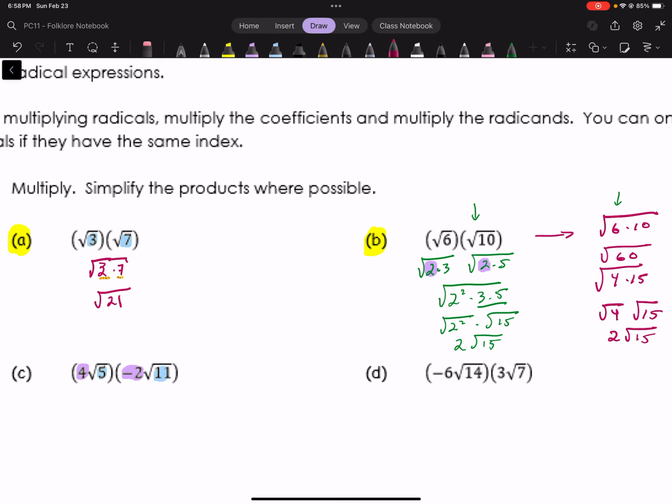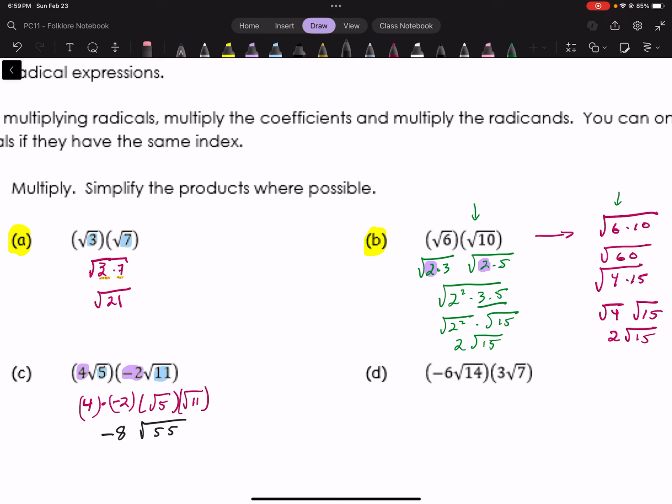So I'm just going to take the long way of doing this, and I'm just going to say, well, that's 4 times -2 times the root of 5 times the root of 11. And this just ends up being -8. In other words, multiplying the coefficients and then multiplying the radicands.